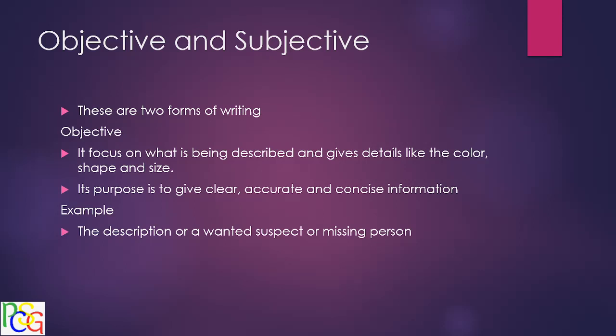And from that explanation, you might think, whoa, that's a really scary face. But I did not say that. If I was using subjective writing, I might say he has a really scary face, right? But objective just gives accurate, clear, and concise information. So shape, color, size, and it stays that way. Nothing extra, right?